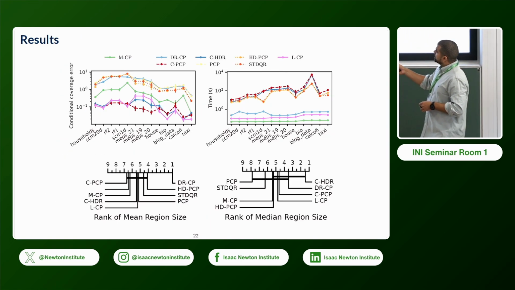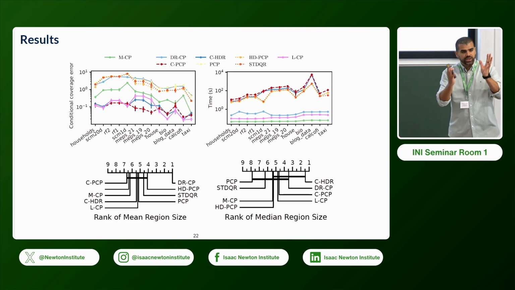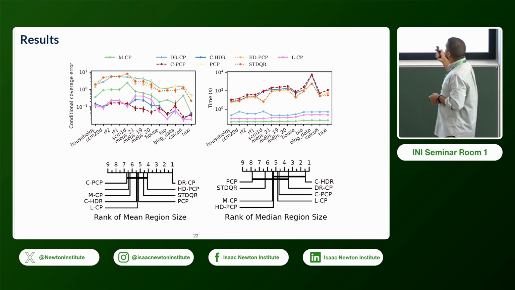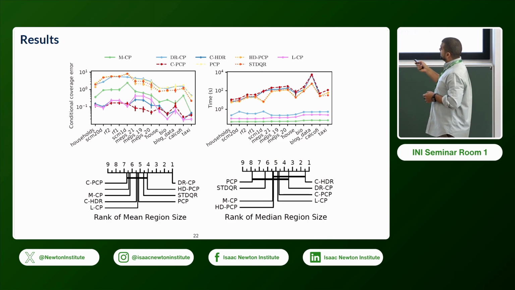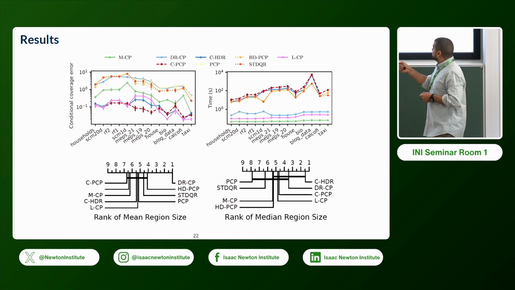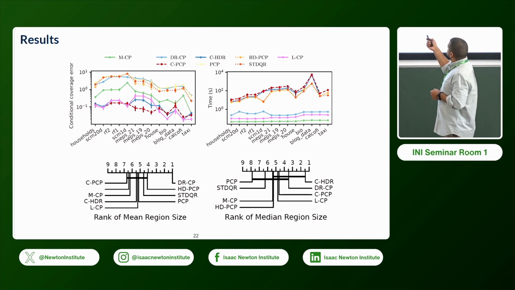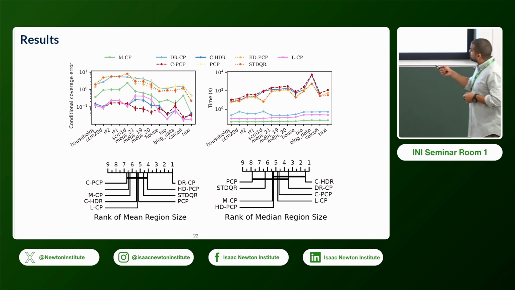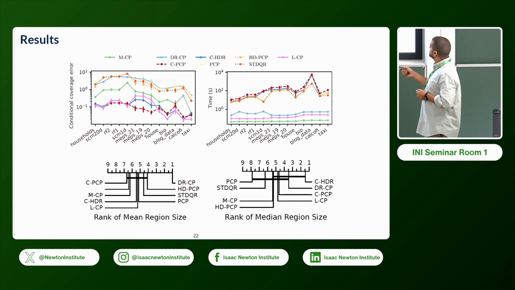We compute a conditional coverage error, and what we can see is that, as expected, the methods that achieve asymptotic conditional coverage have better coverage here. MCP, whose methods essentially have rectangular regions, has a higher error, and the other methods that don't achieve asymptotic conditional coverage also have a higher error.